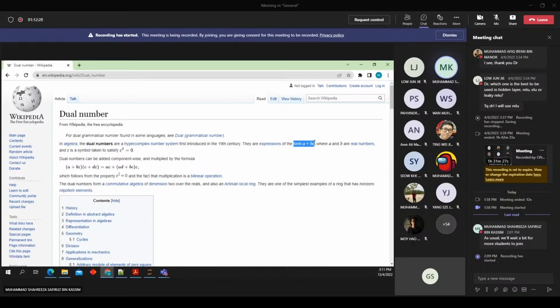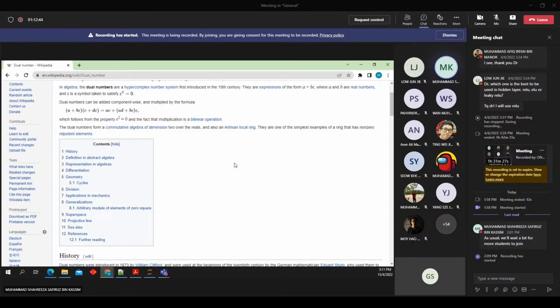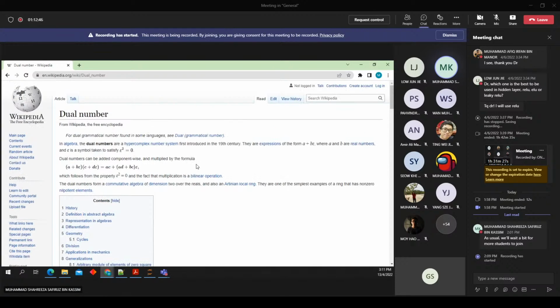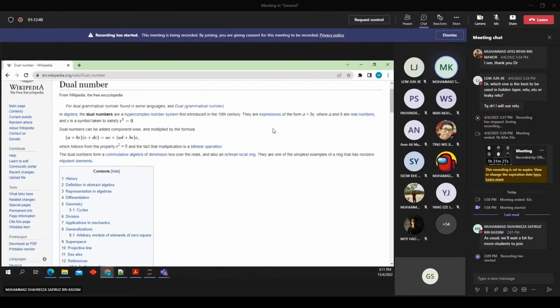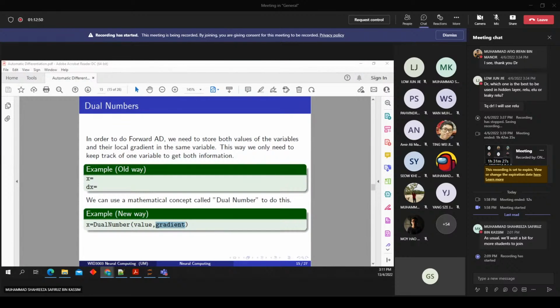This is the expression a plus b epsilon, right? So you have a dual number system. This is a concept taken from algebra, not from Wikipedia. It's from algebra, right? We'll be looking at that shortly, right?